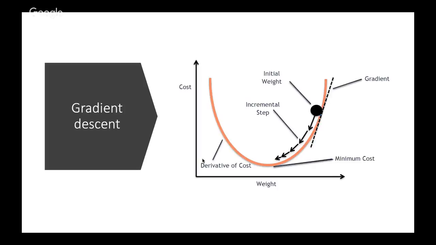Gradient descent means that from some point we get the gradient of the loss function. For a linear model, this will always be a linear function, the loss function for this model.